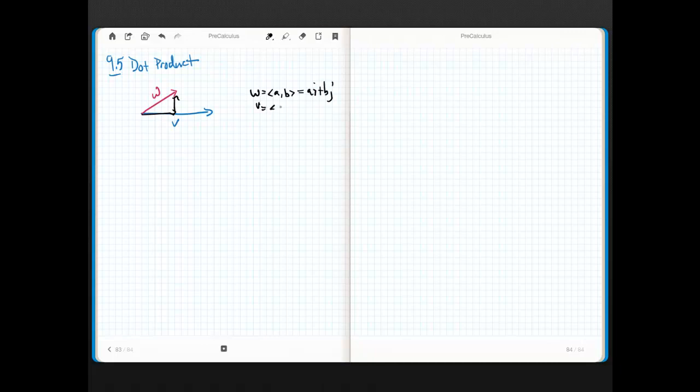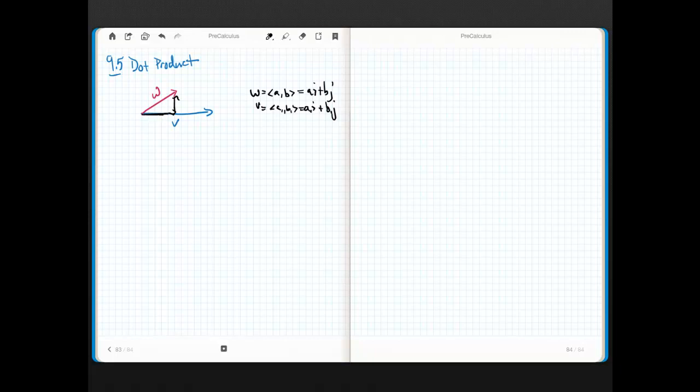V can be written as well, in this case strictly a horizontal, because its vertical is nothing, but I could write it as a1, b1, and then as a1i plus b1j. Now, what the dot product is: you take the product. It's simply a number. It's a scalar. It's not a vector.